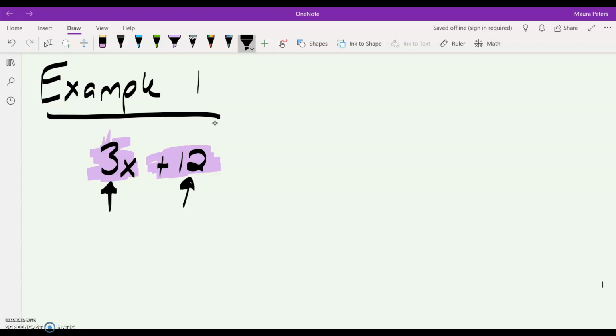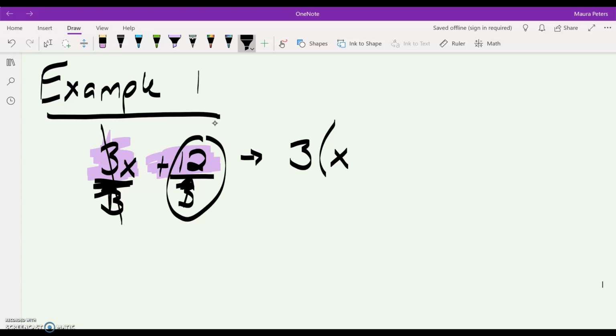So I should be able to say the 3 and the 12 have a greatest common factor, and their greatest common factor is 3. If I take 3 out of this piece here, what I'm left with in parentheses is just x. And if I take the greatest common factor of 3 out of this 12, then I'm left with a positive 4. This is actually your final answer. This is factored. We took the 3 out of both, and this is our final answer.